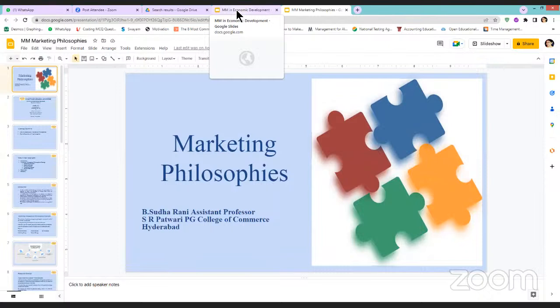In simple terms, marketing is an organizational function. It involves a process of creating a product, communicating it to the consumer, developing the products, and managing the customer relationship in a way that benefits the organization as well as the stakeholders.